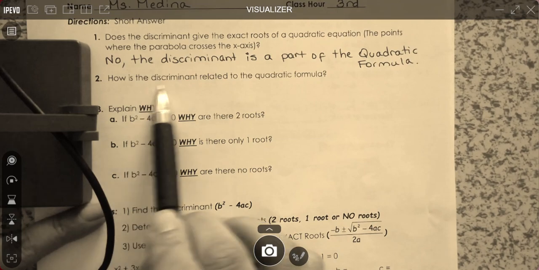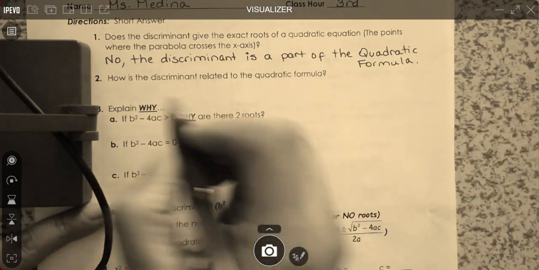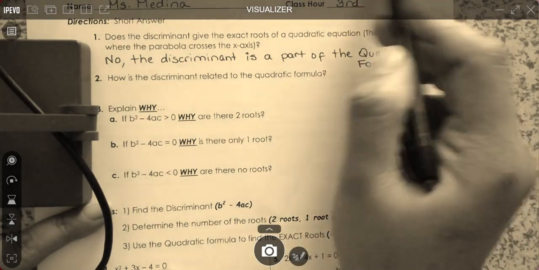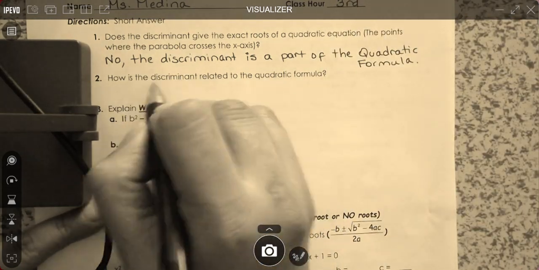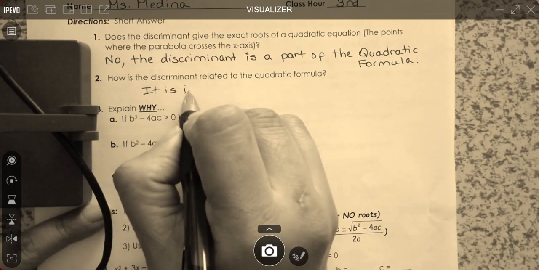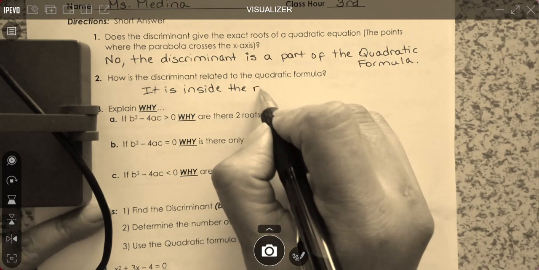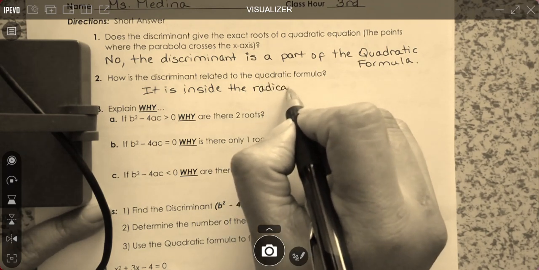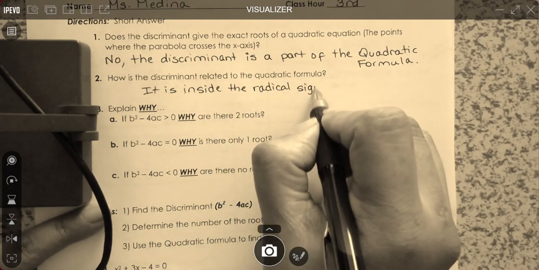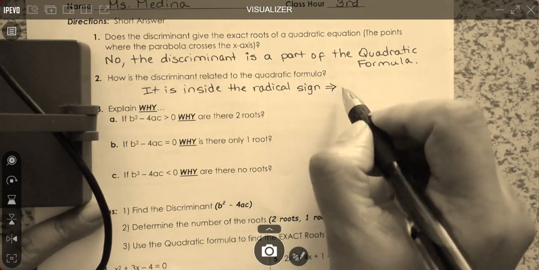How is the discriminant related to the quadratic formula? The discriminant is what's inside the radical sign. What do we call the expressions inside of a radical sign?